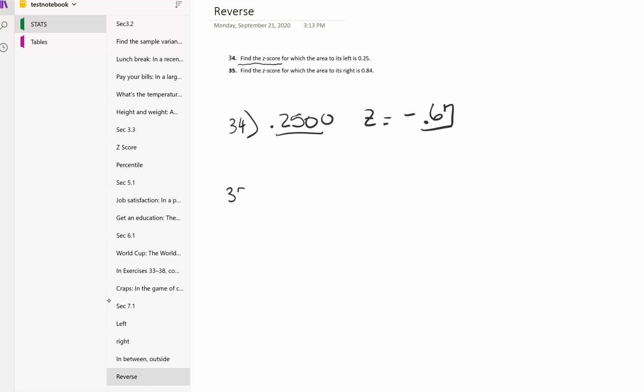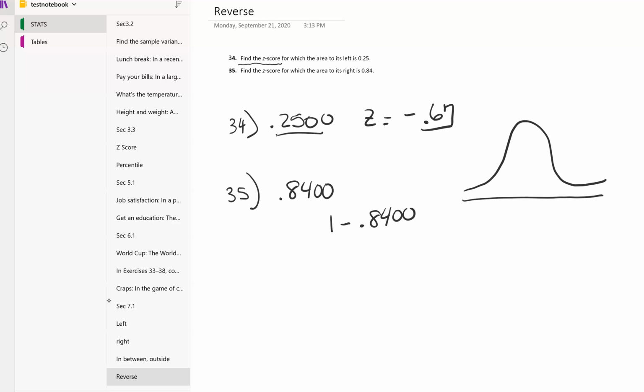All right, for 35, find the z-score for which the area to the right is 0.84. So 0.84 is to the right. So what I want to do is do 1 minus 0.8400, because what I need is 0.8400.